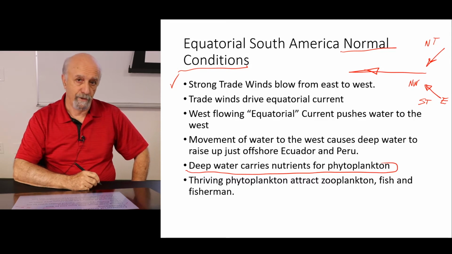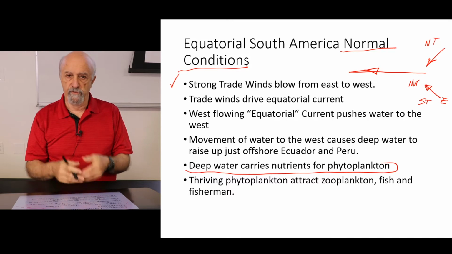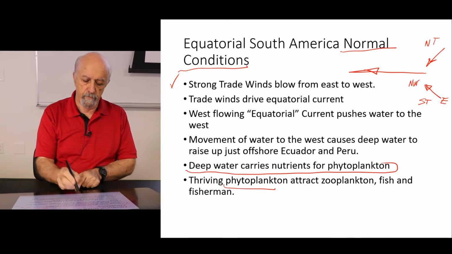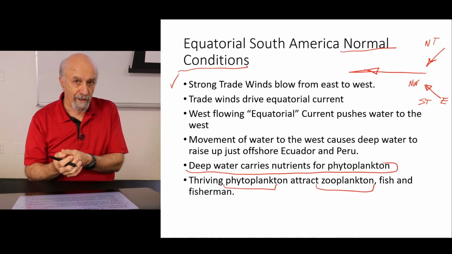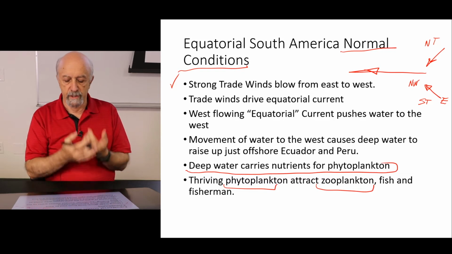And that is producing an unusual abundance of nutrients, and that is consequently producing an important blooming of phytoplankton. So nutrients, proper conditions, phytoplankton very abundant, and that makes zooplankton, which feed on phytoplankton, also become very abundant.